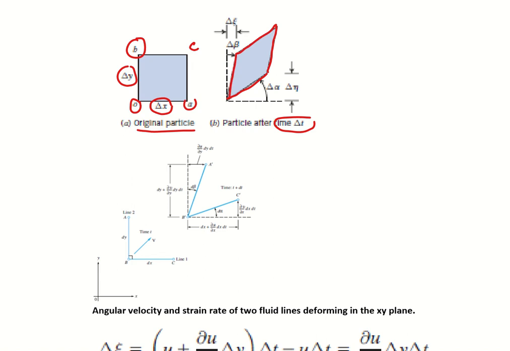So in this case, if this angle is designated by delta beta and corresponding displacement, this displacement is equal to delta psi, this distance is delta psi, and this distance is equal to delta eta, and this corresponding angle is equal to delta alpha.